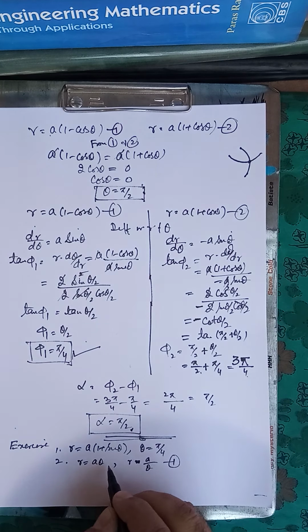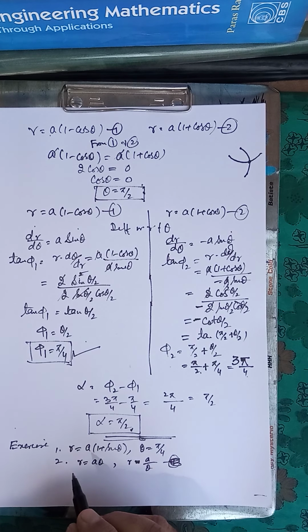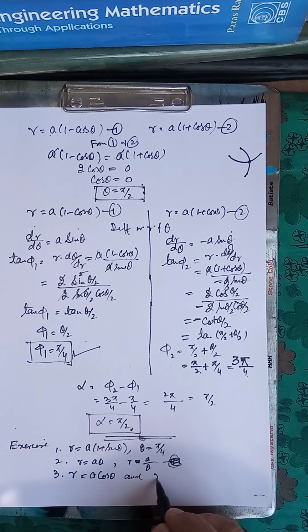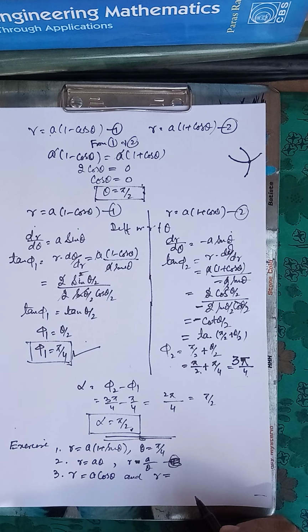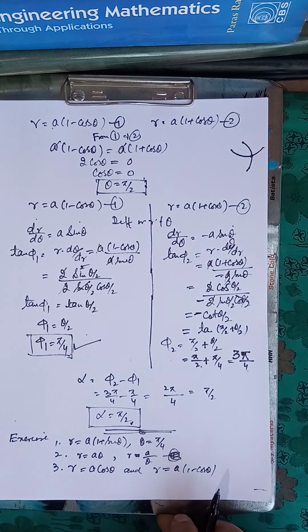This is one. Then you have r equal to a cos theta and r equal to a(1 minus cos theta).